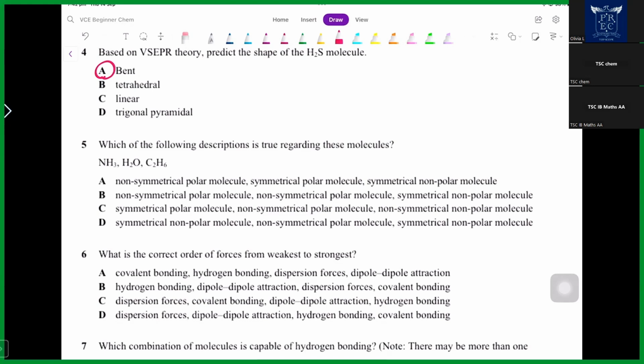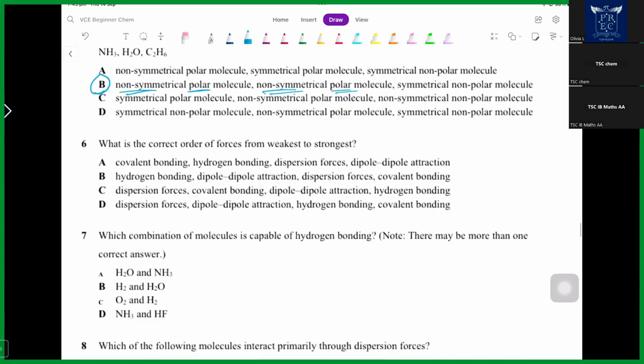So can polar be symmetrical? Can a polar molecule be symmetrical? No. Okay, so it's B. Any polar molecule must be non-symmetrical.